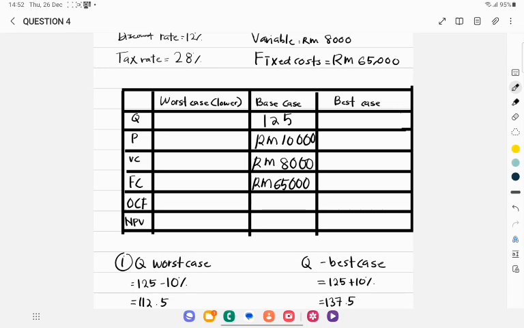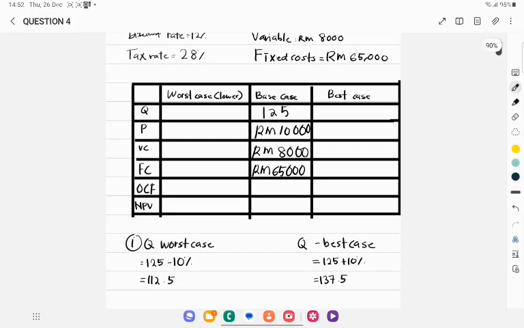For the base case, the quantity is 125, the price is 10,000 ringgit, the variable cost is 8,000 ringgit, and the fixed cost is 65,000 ringgit. The first thing we need to do is calculate the answers with the right formula to fill in that table.